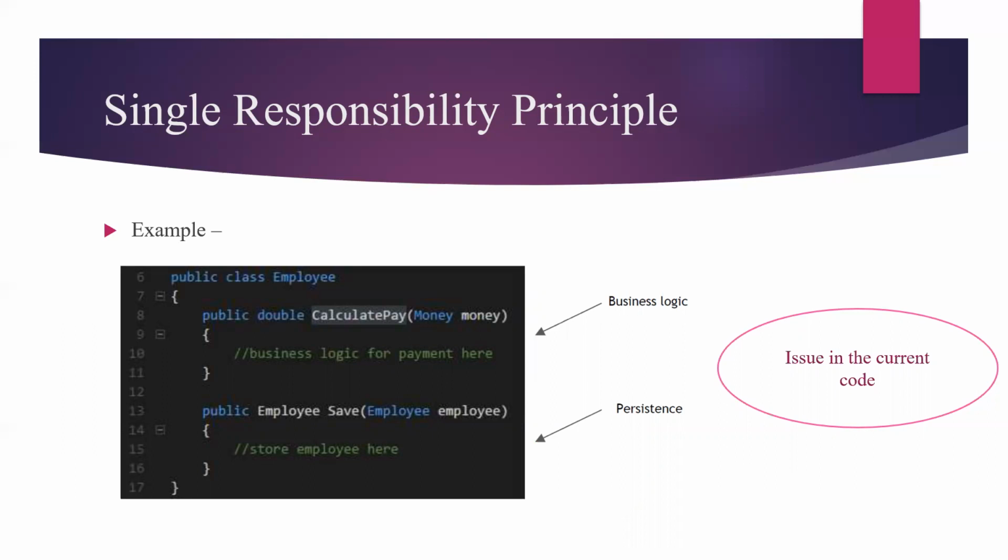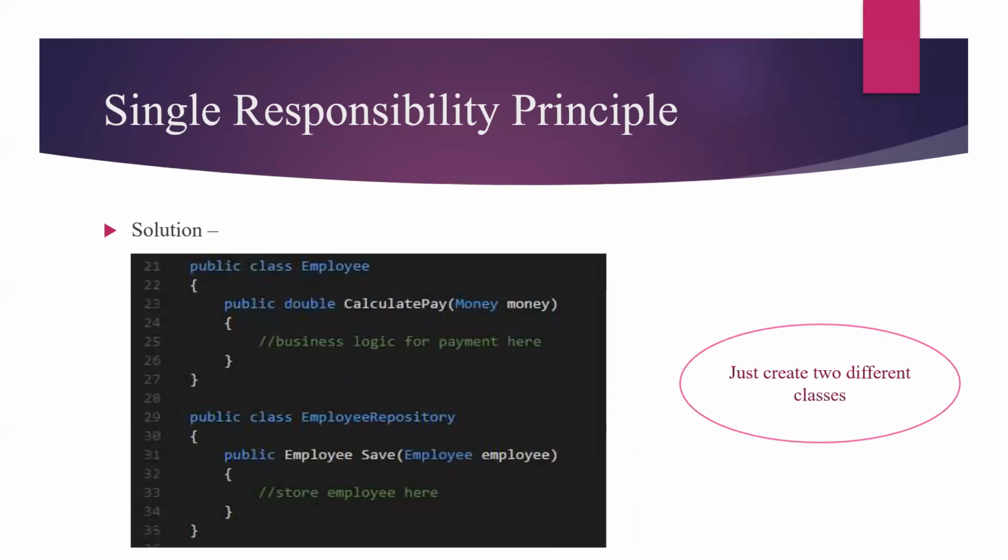Now let's see what the solution for this is. The solution is very simple. You just have to separate these two methods into two different classes. Let the CalculatePay method still remain in the Employee class.